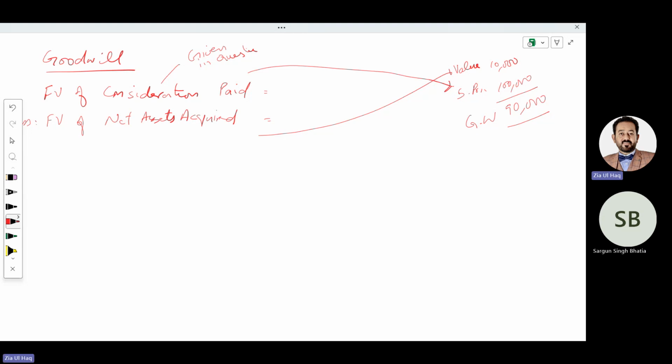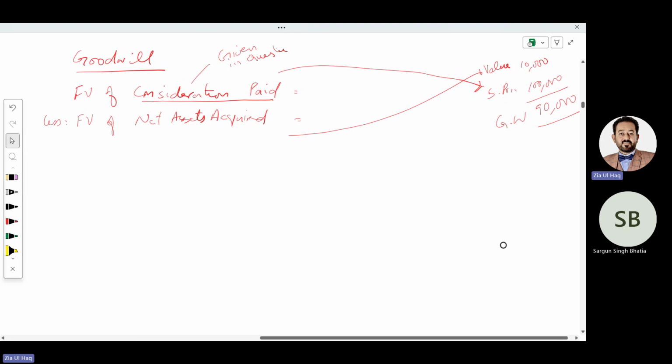How will this be calculated? Consideration paid, meaning amount paid, less fair value of net assets acquired. Consideration paid will always be given in the question. This we need to calculate. How to calculate, we are going to learn later on. Can you understand this?